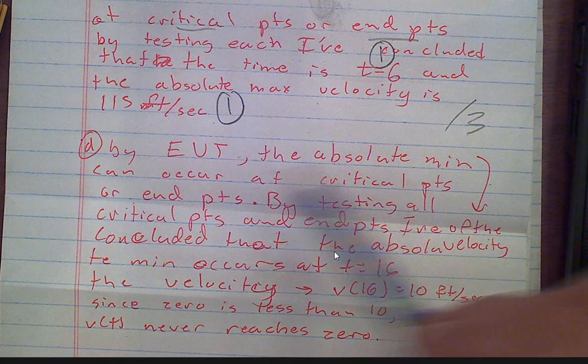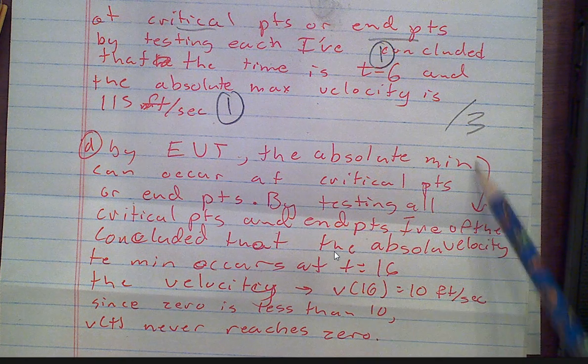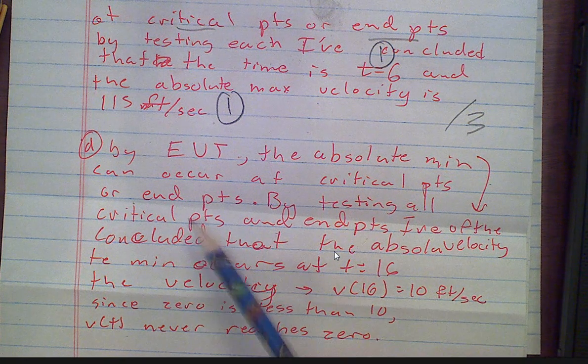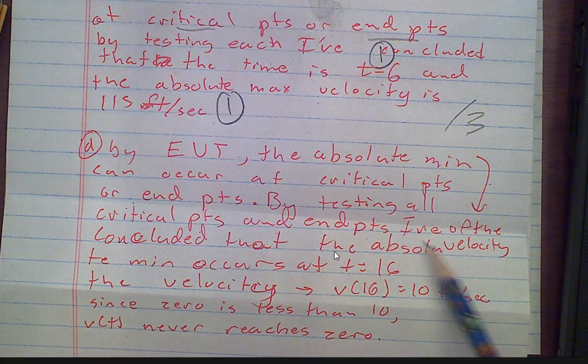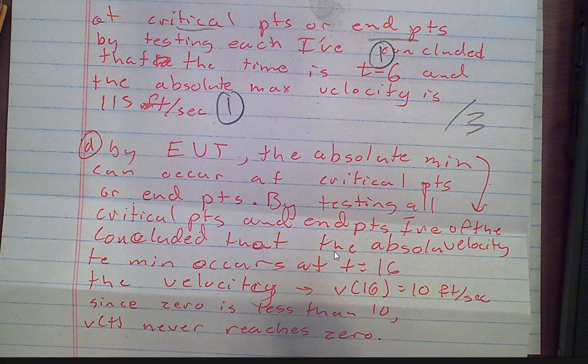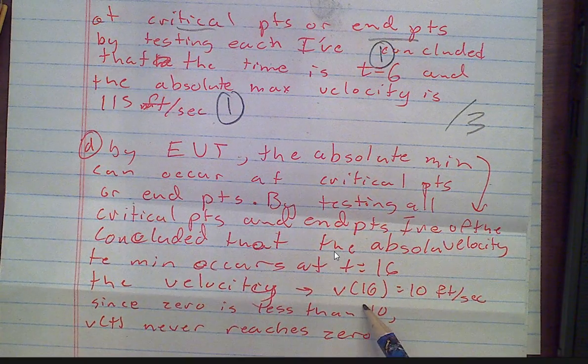By the extreme value theorem, the absolute minimum of the velocity can occur at the critical points or endpoints. By testing all critical points and endpoints, I've concluded that the absolute min occurs at t equals 16. The velocity, v of 16, equals 10 feet per second.